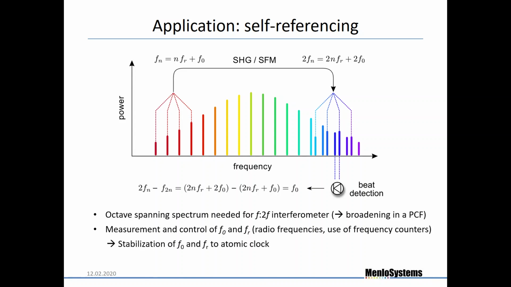And if you can control them, you can stabilize those frequencies to another radio frequency, for example, from an atomic clock. And as a result, this means that all optical frequencies in your comb will be known with the accuracy and the precision of the atomic clock. So, this represents an extremely precise measurement tool.